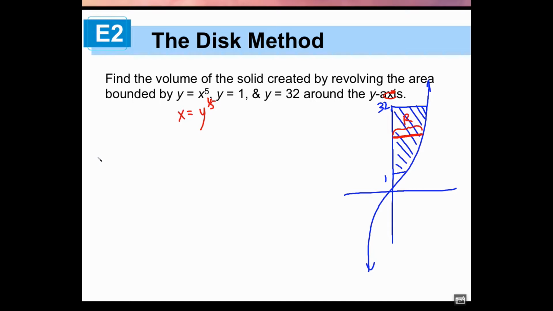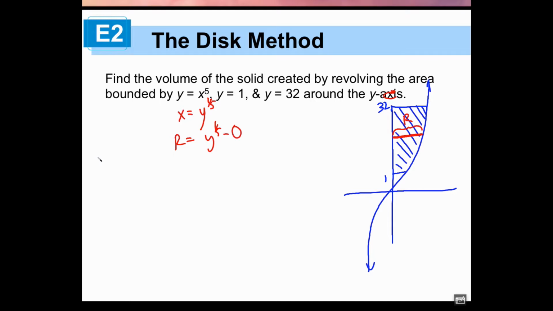Y to the 1/5. Correct. When we're first learning this, however, you might want to do it as y to the 1/5 minus 0, because right minus left still applies. It seems silly because we know that y to the 1/5 minus 0 is y to the 1/5, but when the problems get more complicated, that'll become pretty important.